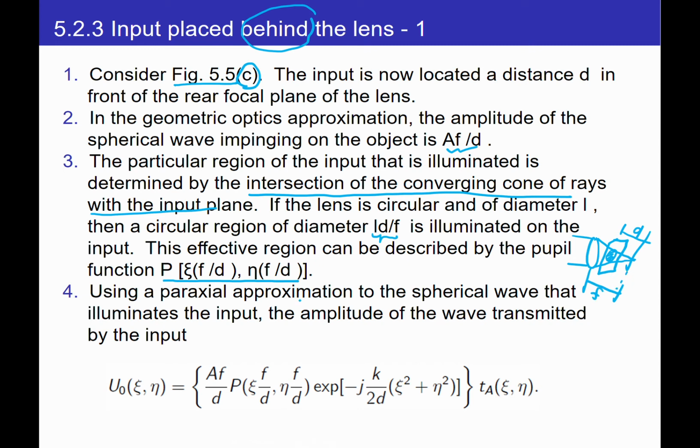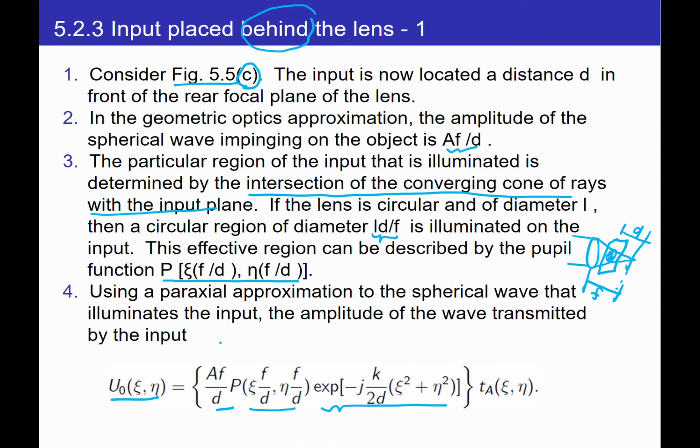And using the paraxial approximation to the spherical wave that illuminates the input, the amplitude of the wave transmitted by the input is going to be this one, the transmittance, and then it has a propagation.